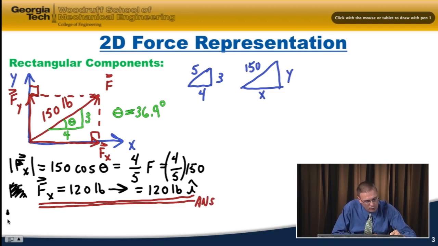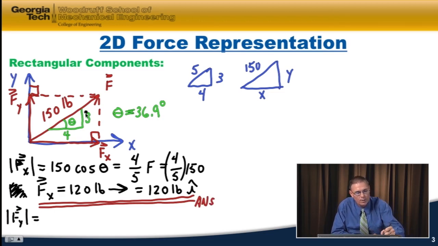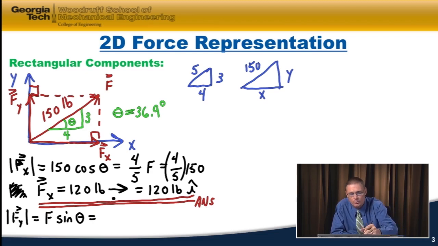And so the magnitude of F sub y now is equal to the opposite side over the hypotenuse, or the sine. So this would be F sine of theta, or I could put in F as being 150 pounds. And using similar triangles, the F sub y component corresponds to the 3 side of the 3, 4, 5 triangle. So that would be 3/5 of F, or 90 pounds.